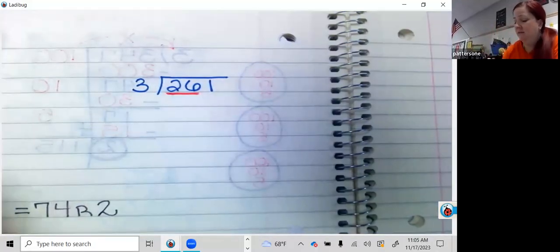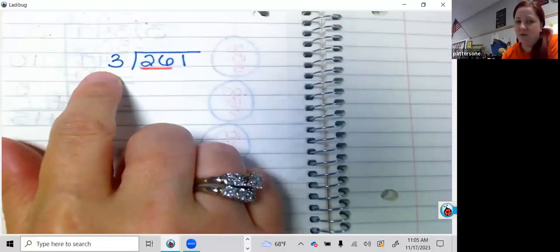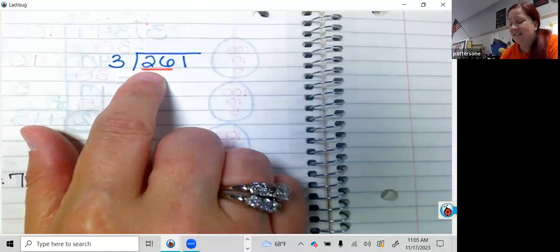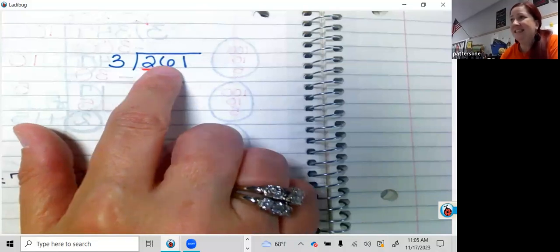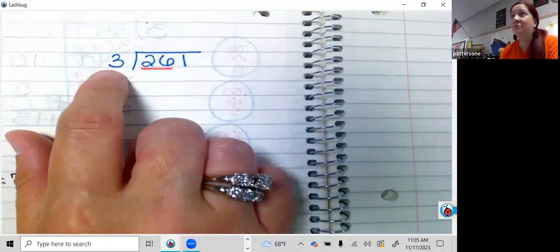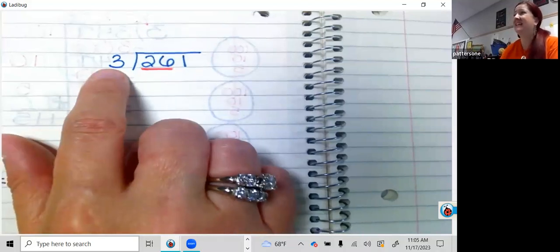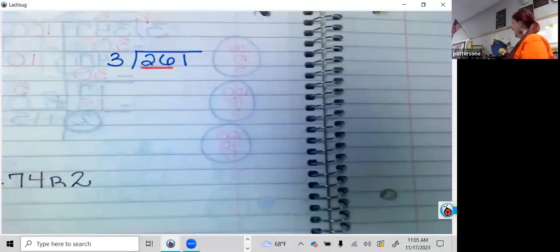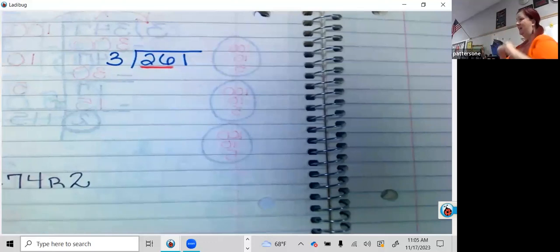All righty. The first thing I asked myself was, would 3 go into 2? And I said, 2 is too tiny. So I made it 26. Then I count by 3s and I try and get as high as I possibly can without going over. If I get over, I lose the game. I got to get as close as I can, though.